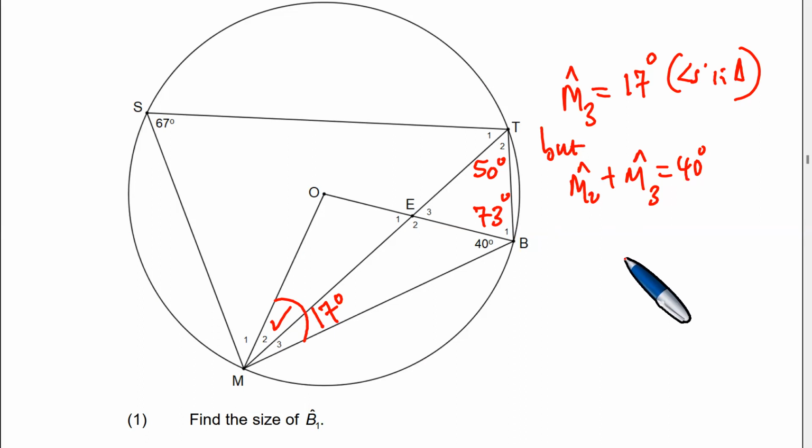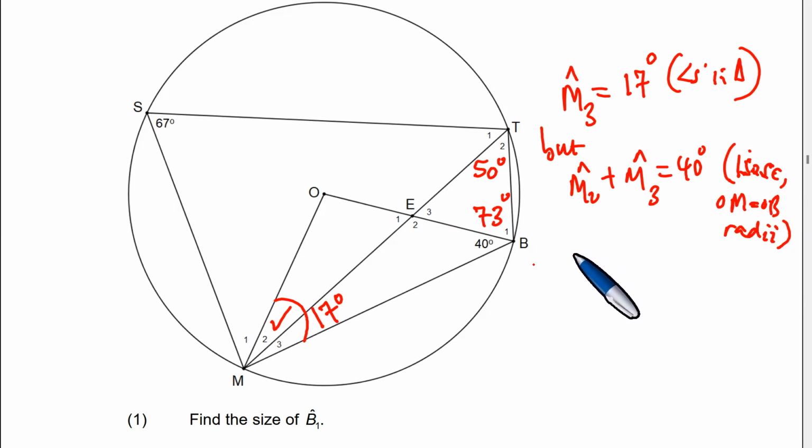Why? Obviously, isosceles triangle, because you have OM equals OB, and these are radii. Okay.